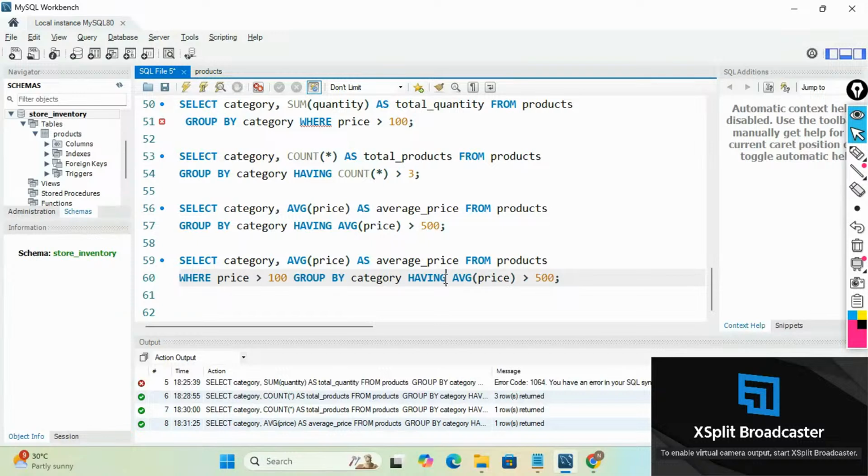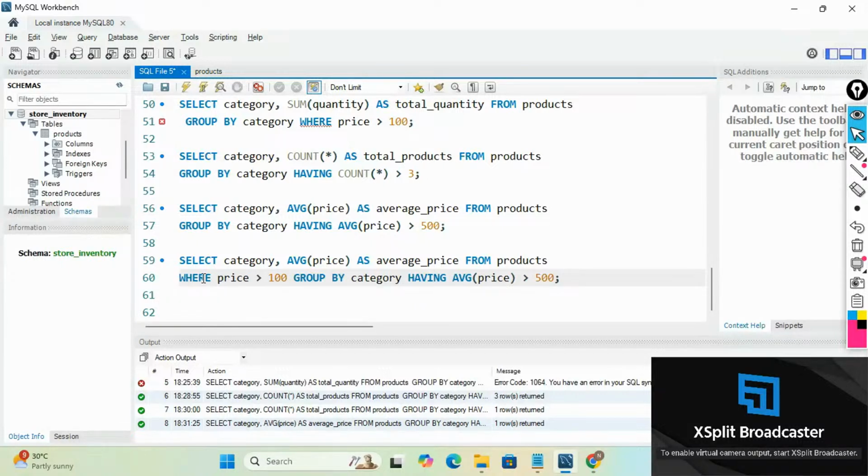Is it possible? Yes, it is possible. When you try to understand these kinds of queries, you'll also understand the order of clauses. This is an important interview question with respect to the clauses topic. What is the order of clauses? Where clause, followed by group by, then followed by having.